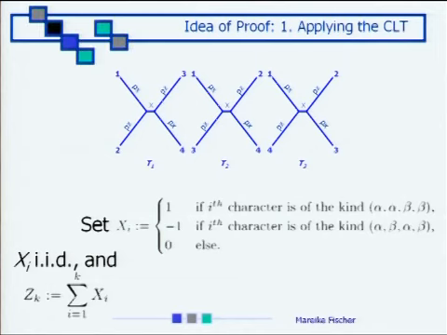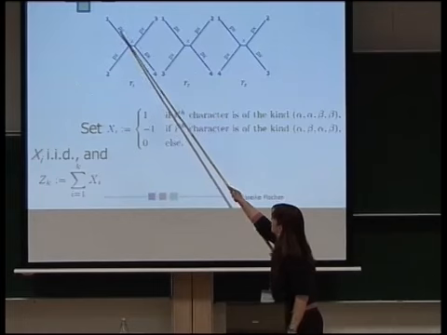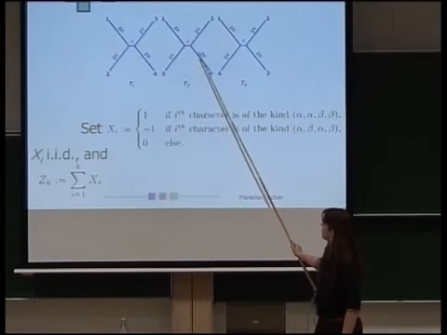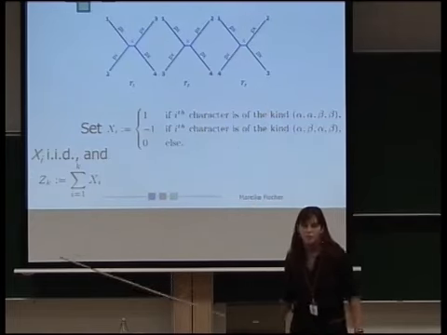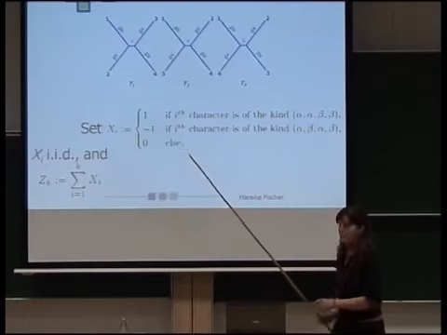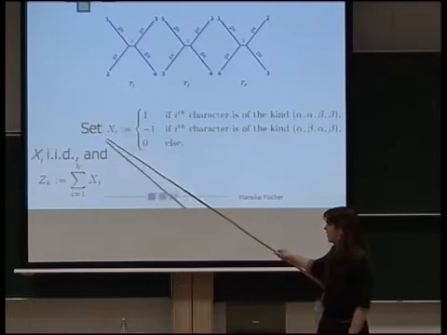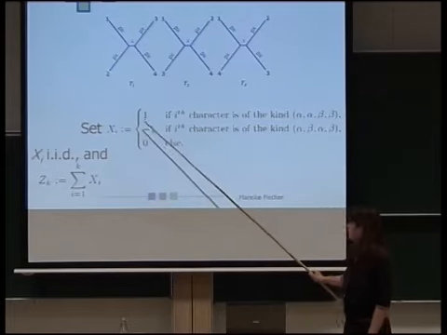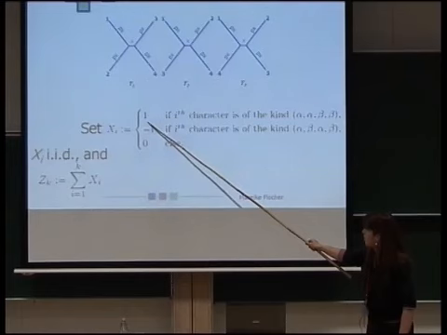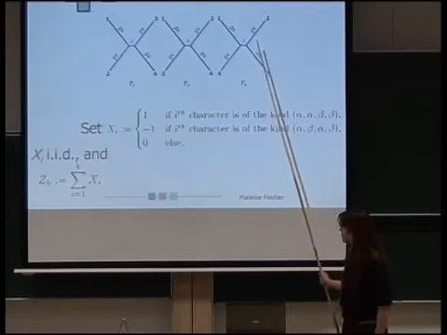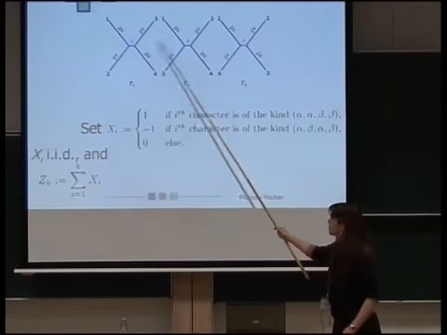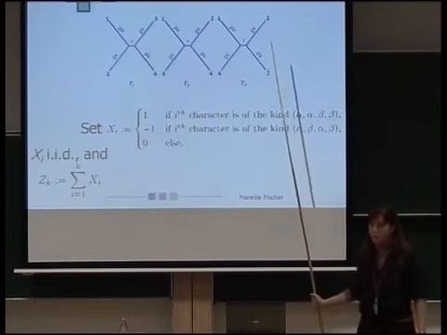Well, in the 4-taxon case, there are obviously 3 possible trees. You can either have taxa 1 and 2 grouped together versus 3 and 4, or you have 1 and 3 grouped together, or 1 and 4 grouped together. And let's assume for now that T1 is the true tree. Then we introduce the random variables xi, which we set equal to 1 if the ith character in our sequence corresponds to the interior edge of tree T1.